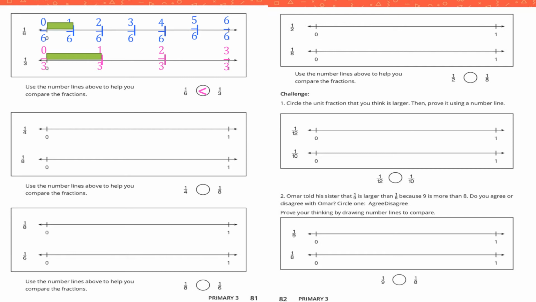Also, by the same way, 1 over 4 and 1 over 8. To split this number line into 4 equal parts, the denominator is 4, make how many dashes? 3 dashes. Label each dash and locate 1 over 4 by joining between 0 over 4 and 1 over 4. 1 over 8, how many dashes will we need to make 8 equal parts?